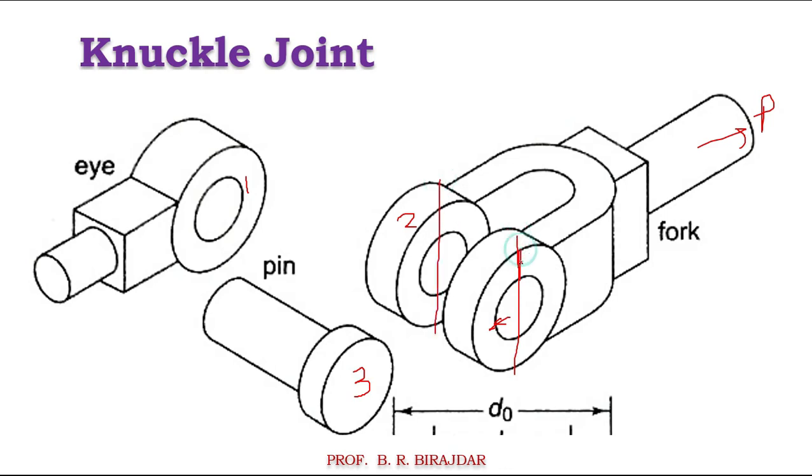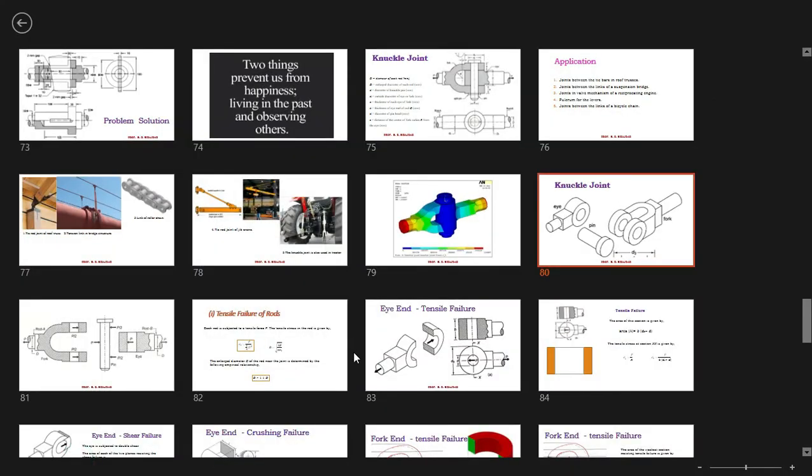So the resisting areas are here at the top 1, at the bottom 2, this is the 3, and here it is the 4. These are the areas which resist the tensile failure that we have to consider.